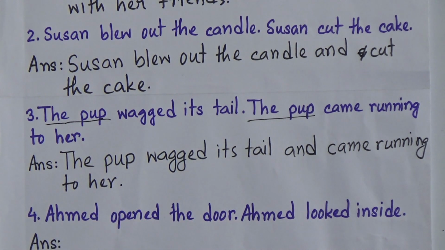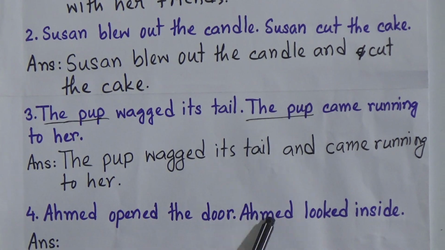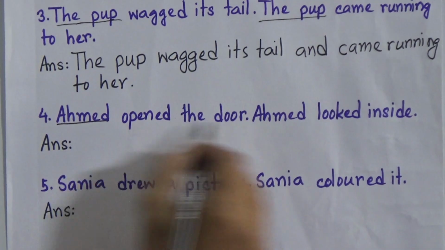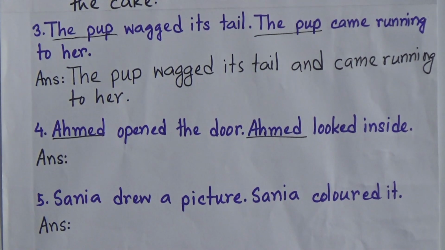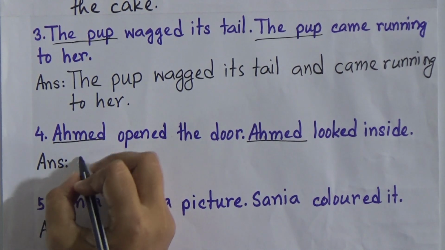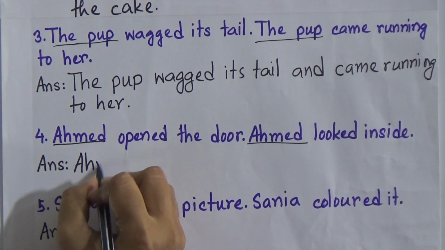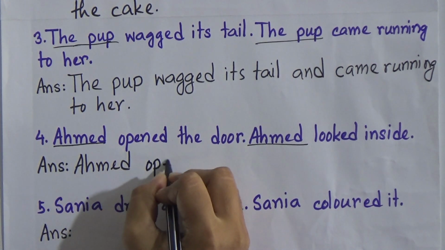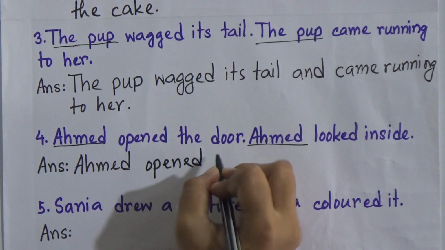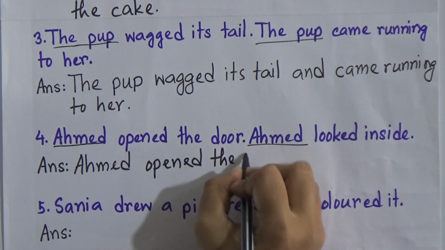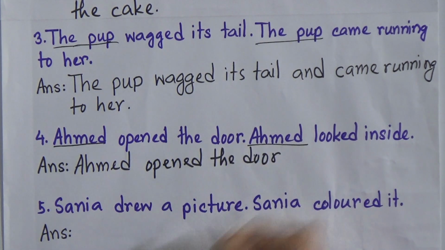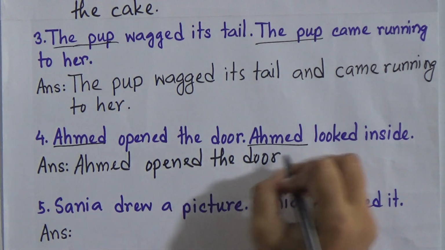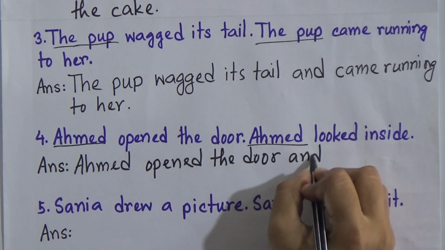Now number 4. Ahmed opened the door. Ahmed looked inside. So these sentences are about Ahmed. Now we will join these two sentences. Ahmed opened, we will write the full sentence, the door, and now we will add "and", our conjunction.